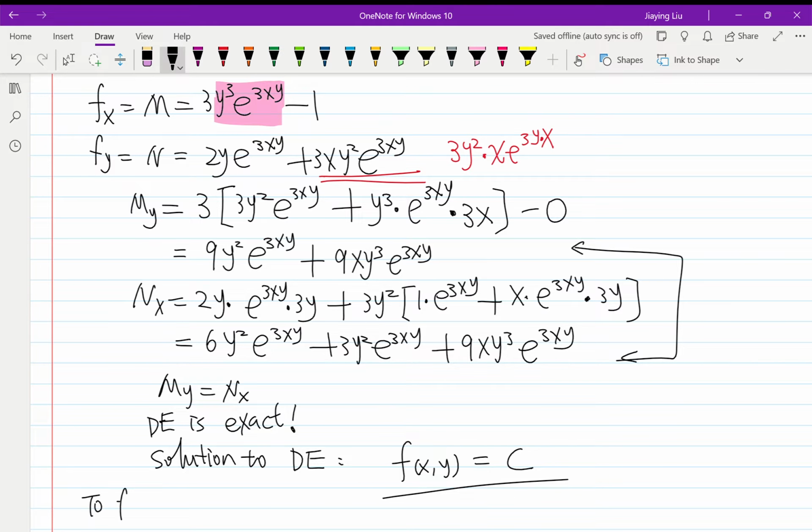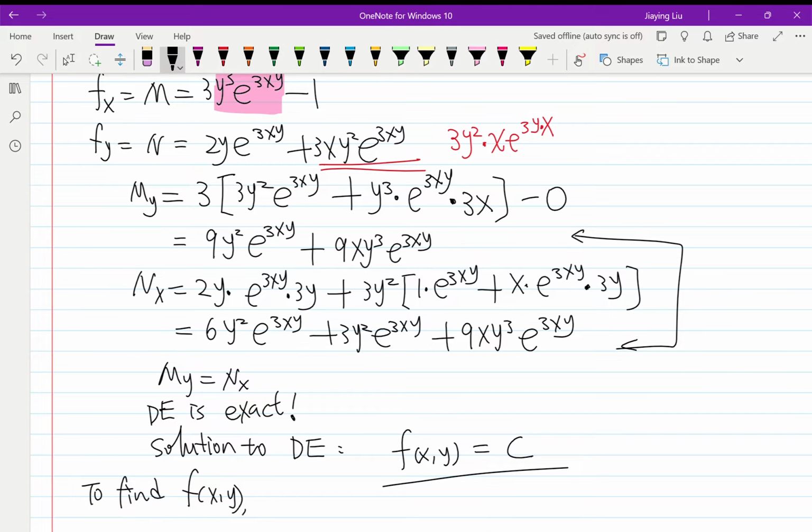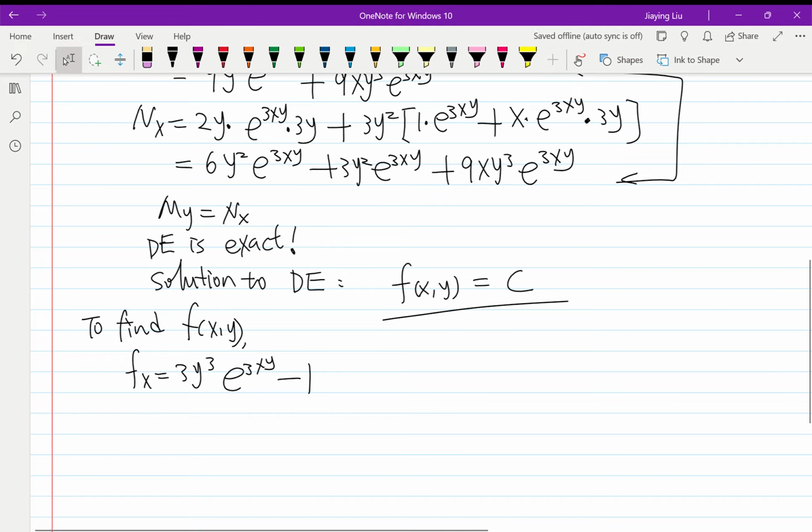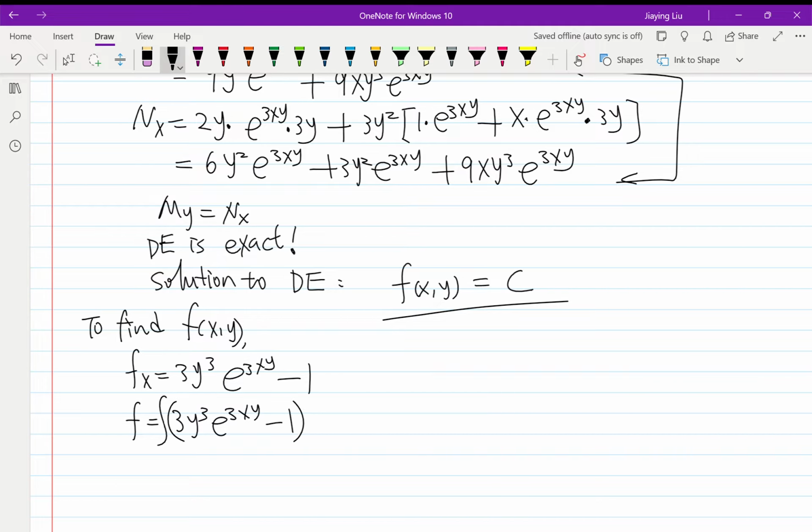So to find f of x, y, we're going to use the first information, so we know that f sub x equals m, which is 3y cubed e to the 3xy minus 1, just to rewrite it. And then f will be the integral of this with respect to x, so that'll be the integral of 3y cubed e to the 3xy minus 1 dx.